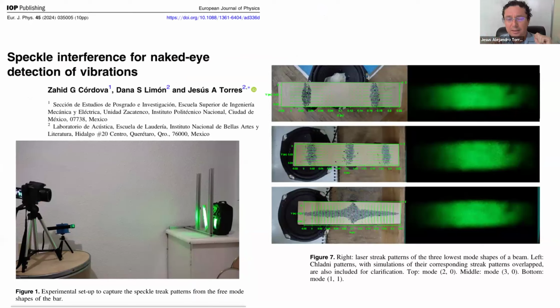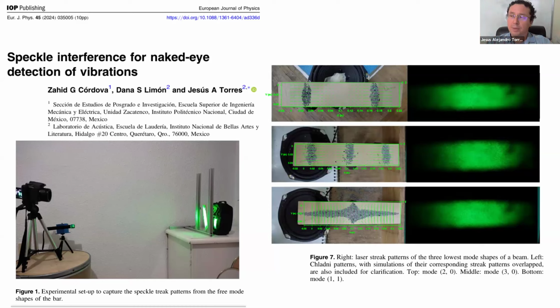This is a technique where you can see the vibrations of a system in a very simple experimental setup. You only need to send laser light over the structure that you want to study, and you can see the vibrations with the naked eye.